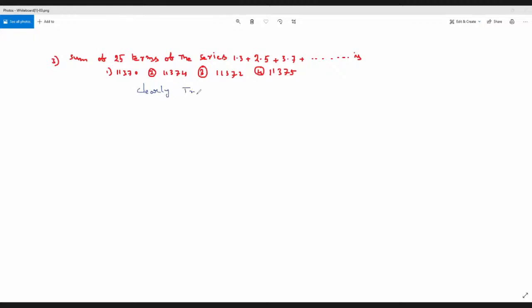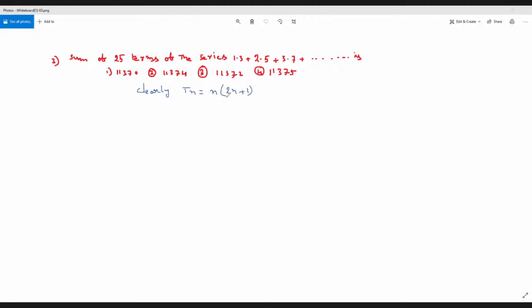The nth term, Tn, is n into 2n plus 1. If n equal to 1, it is 1 into 3. If n equal to 2, 2 into 5. If 3, okay, na? 3 into 7.